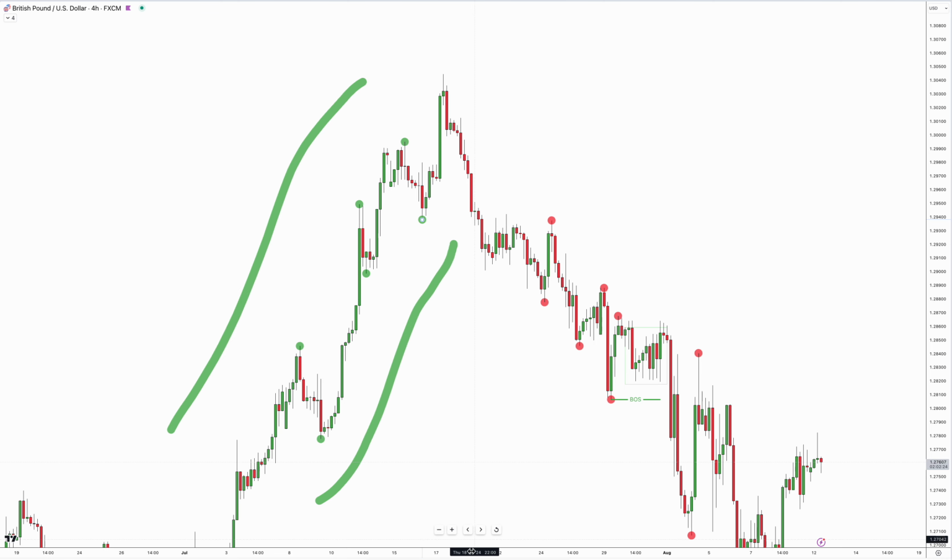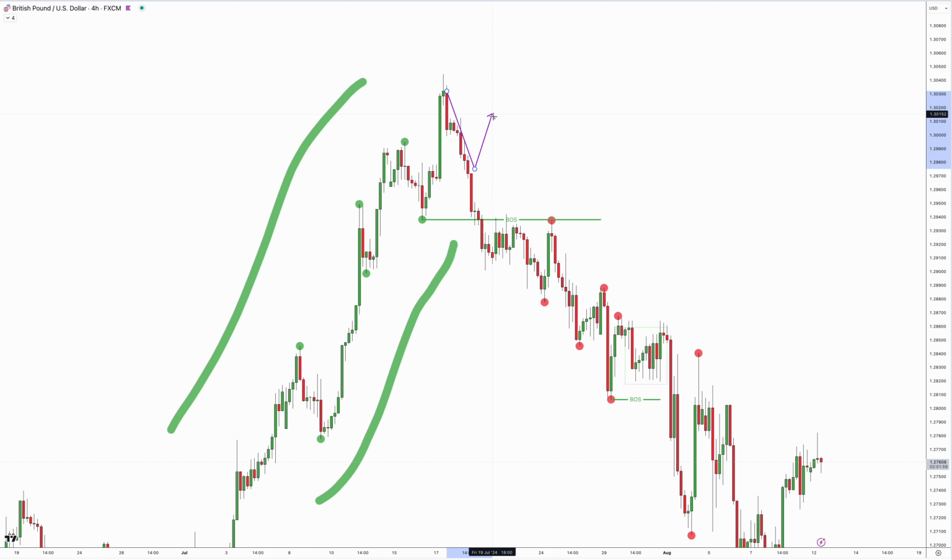Now, another good example, this bit of price action breaks structure. This here breaks the previous higher low made. Therefore, this is a valid break of structure.